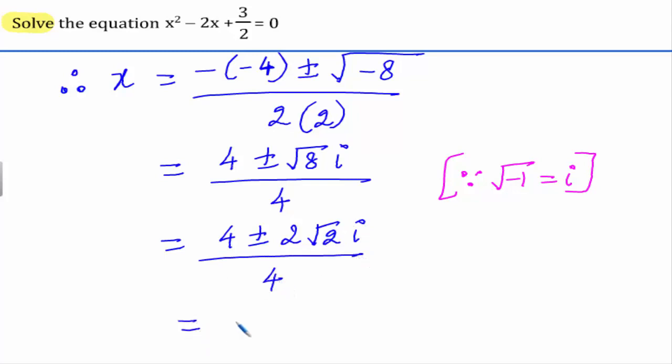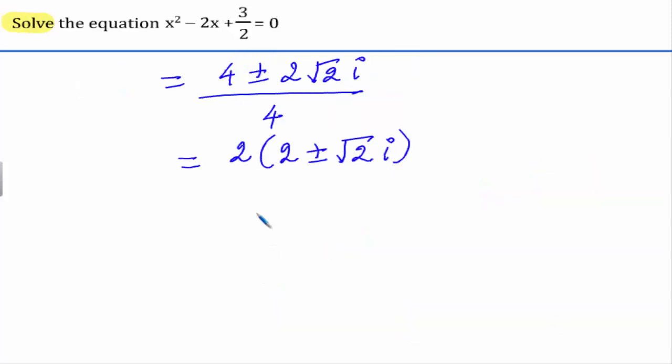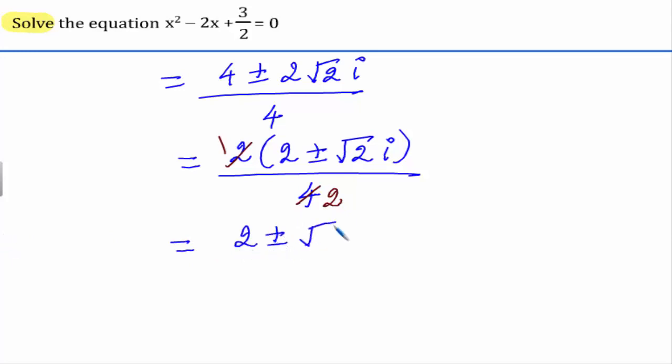From the numerator, let us take 2 common. So we get 2 multiplied by 2 plus or minus root 2i divided by 4. Upon simplification, we get 2 plus or minus root 2i divided by 2.